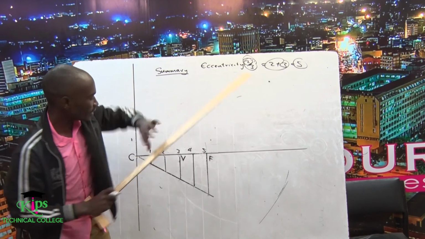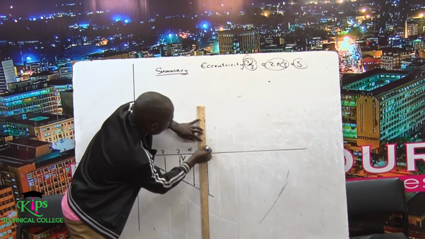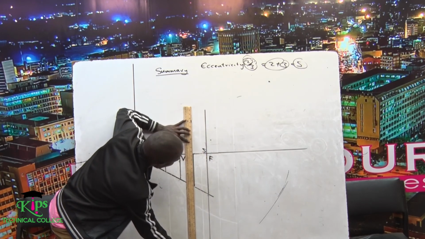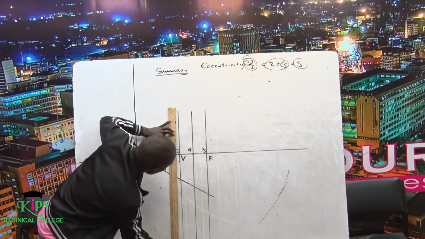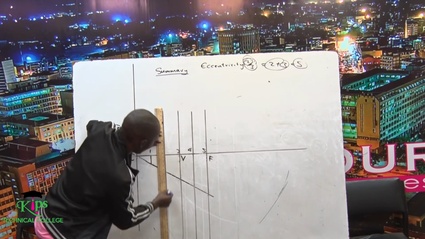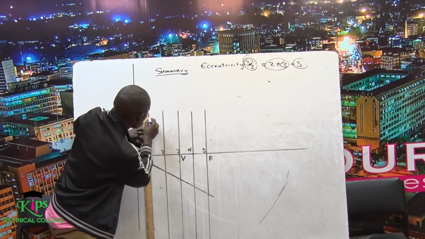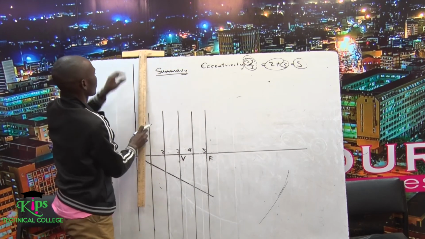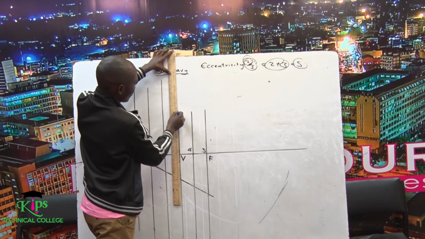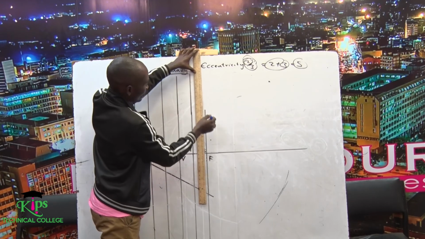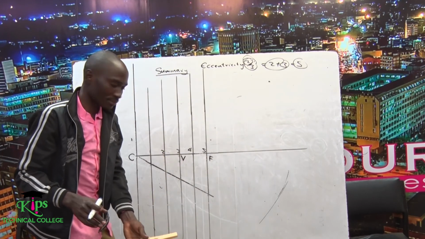Then from there, we drew vertical lines. So these are the lines that we drew.